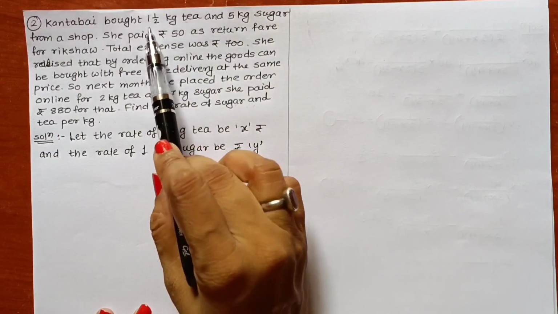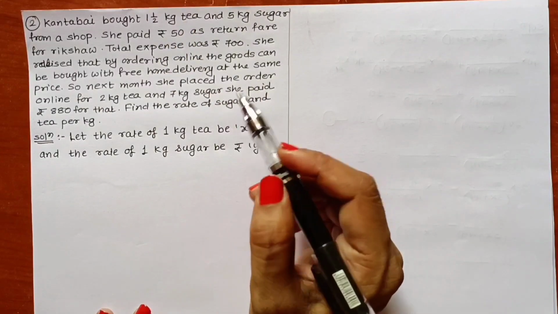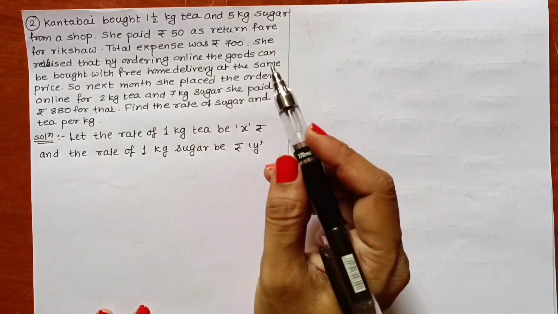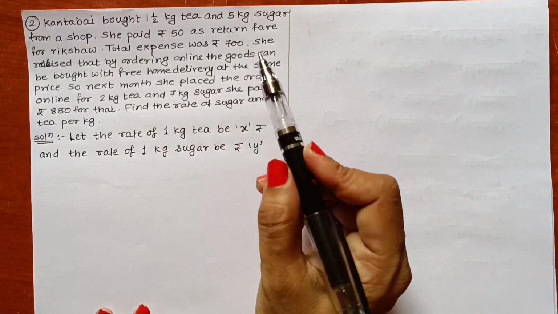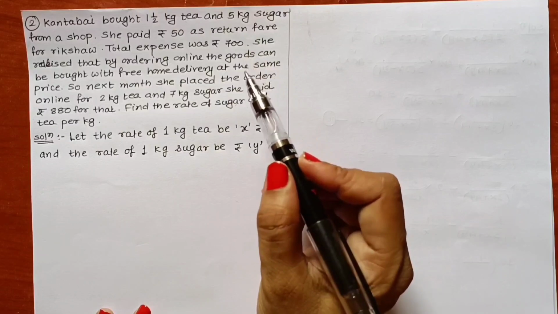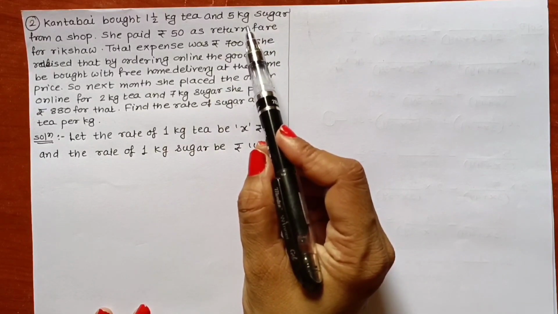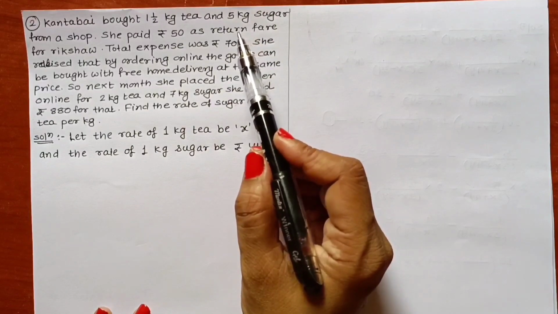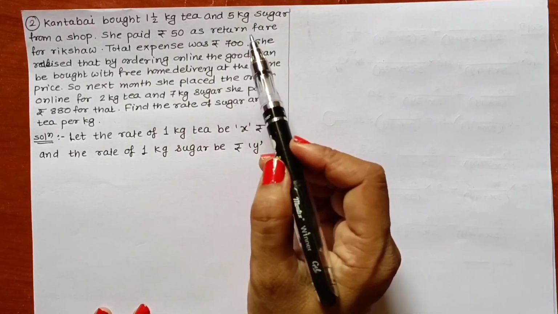What will be the cost of 1.5 kg tea? For example, if I say 1 kg tea cost is 50 rupees, what will be the cost of 1.5 kg? You will have to multiply 1.5 kg by x, correct? If I say 1 kg of sugar is 30 rupees, what will be the cost of 5 kg sugar? You will have to multiply 30 by 5 and you will get the answer.